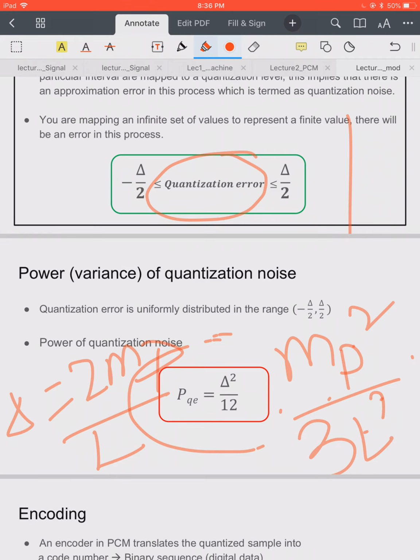So basically it is delta square by 12, and if you substitute delta as 2 MP by L, you get MP square by 3L square. So that is the quantization noise power associated with my quantization process. This is the basic idea of quantization: an approximation technique for magnitude or amplitude discretization.